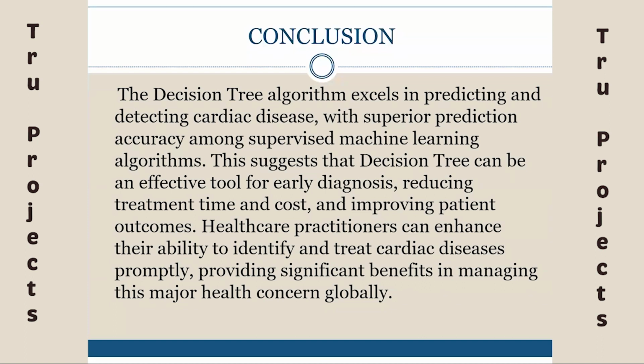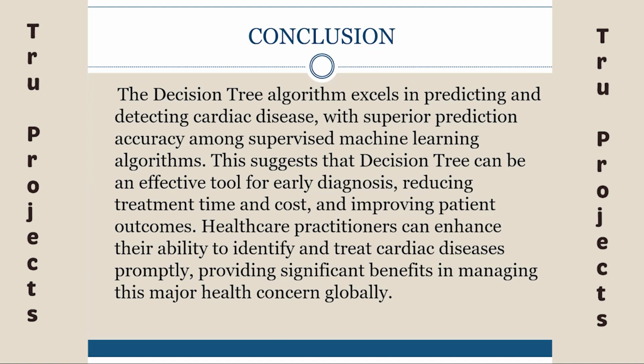Conclusion. The project demonstrates that the decision tree algorithm performs well in predicting and detecting cardiac disease among the supervised machine learning algorithms evaluated. Decision tree shows superior prediction accuracy. This finding suggests that decision tree can serve as an effective tool for early diagnosis of cardiac disorders, potentially reducing the time and cost associated with the treatments and improving patient outcomes.